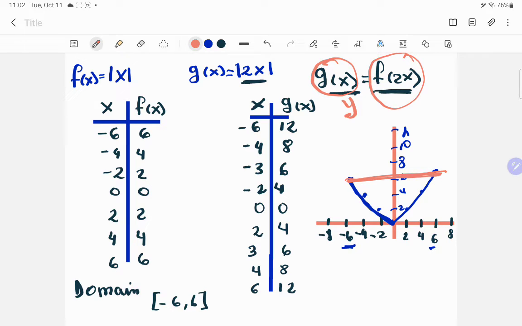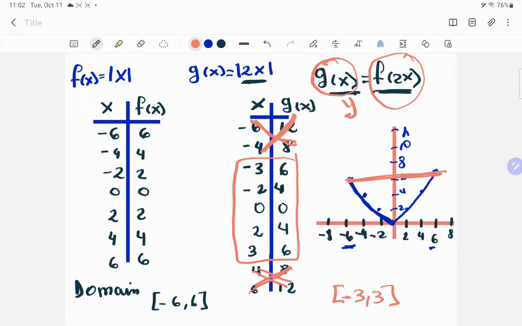I don't have another possibility. So the highest that I can go is 6. So I can only get from negative 3 until positive 3. The other values are not possible. So my domain goes from negative 3 to 3.